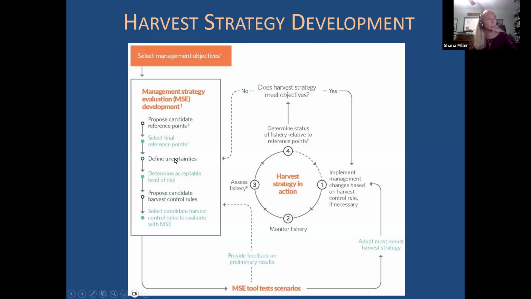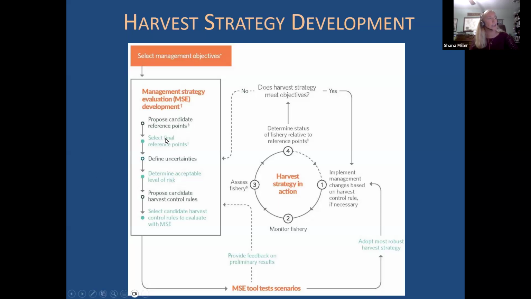And so there's this kind of iterative back and forth in the development process of management strategy evaluation. I should note that there is a lot of flexibility in the order of these steps, but essentially you want to agree to reference points, determine acceptable levels of risk, go through your harvest control rules, and we'll go through each of these steps in subsequent slides.